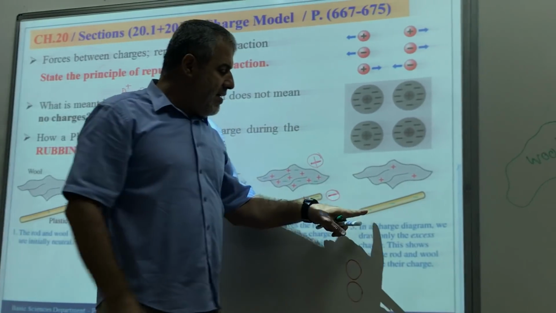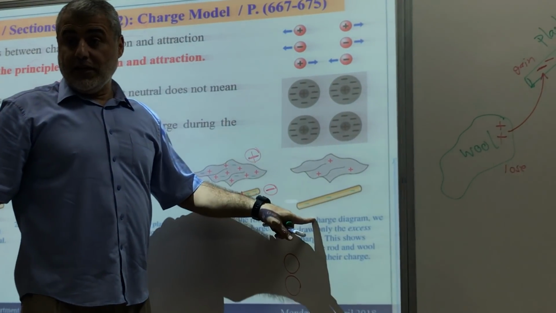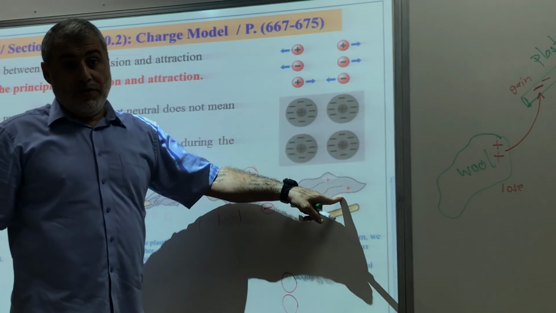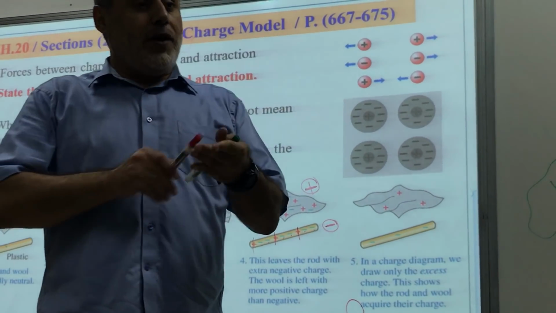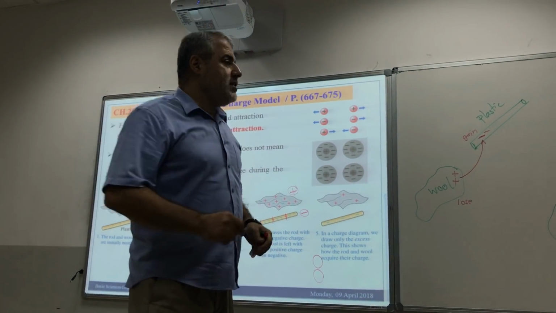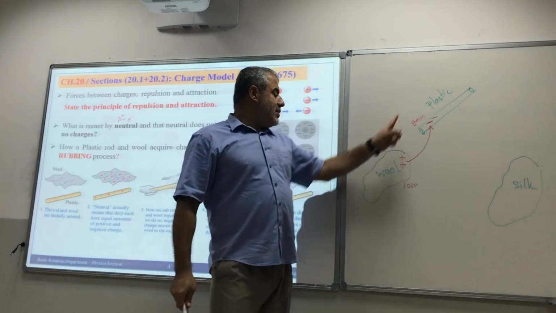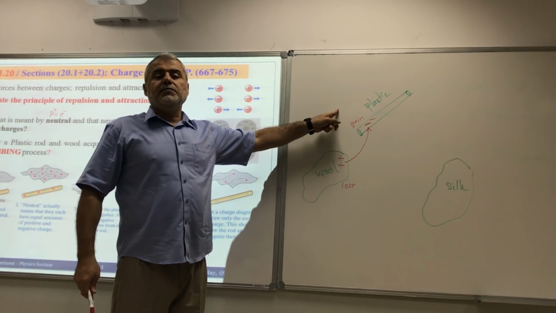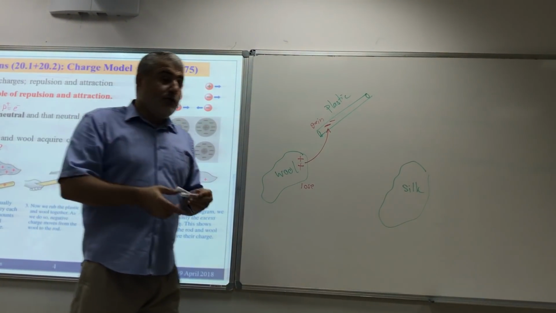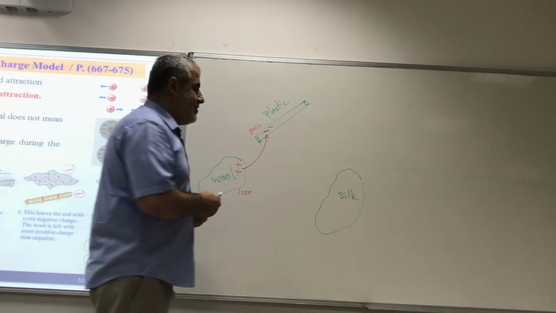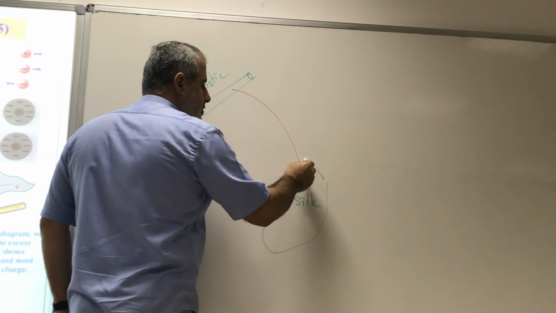If we remove them, we have extra 3 electrons here, and here we have 3 positive charges. This is how they get charged. My idea is, see, Shabab, when we rub the plastic with the wool, the plastic becomes negatively charged and the wool becomes positively charged. But when we rub the plastic with the silk, the opposite happens.